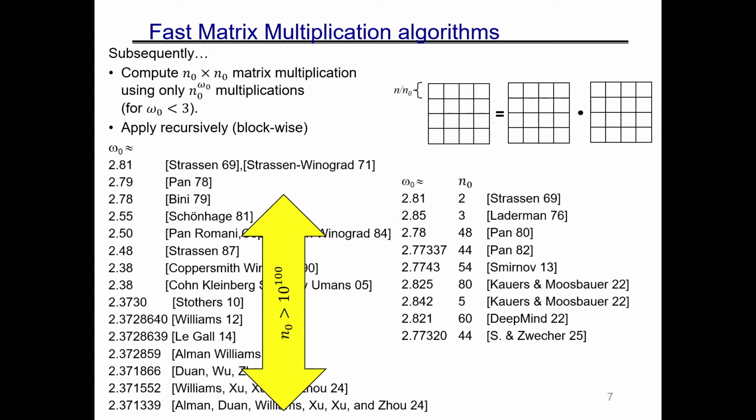In parallel to this computation, there's a computation on the best exponent omega naught you can obtain, where you can apply the algorithm to feasible size matrices. Strassen had it for 2 by 2, then Laderman for 3 by 3, albeit with a bit worse exponent, and the computation goes on.